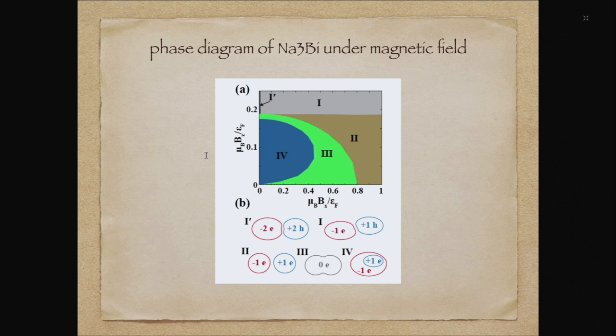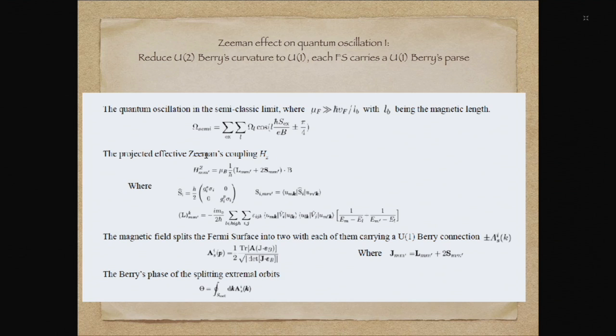And for this phase, it's also split into one electron pocket and one Hall pocket, but the Chern numbers are -1 and +1, and also these three other different phases.